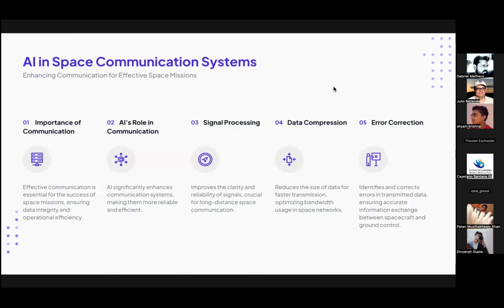So there won't be much data used, or there will be less use of signals and resources, because in space missions we need to be very careful about what data we send, what data will be received by the satellite, and how the data is being sent and processed.